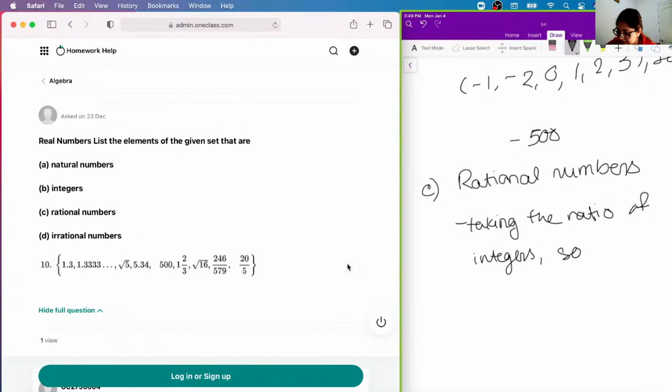So these are basically anything with a decimal, like 1.3. In this case, it would be 1.3, 1.33. It would also be 5.34.